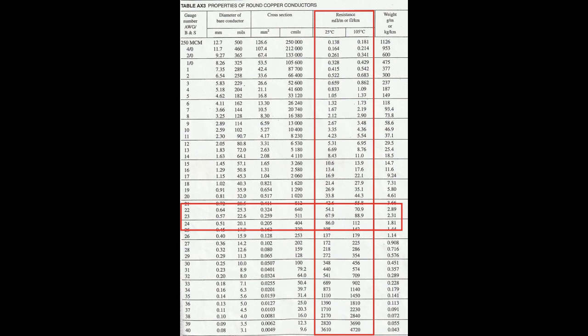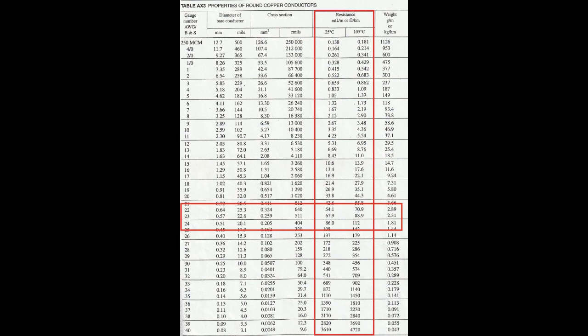The resistance of copper changes with heat. You'll notice that the resistance actually increases as temperature goes up. So in our table at 25 degrees Celsius, if we were to increase to 105 degrees Celsius, you will see an increase in the resistance of that particular piece of copper.